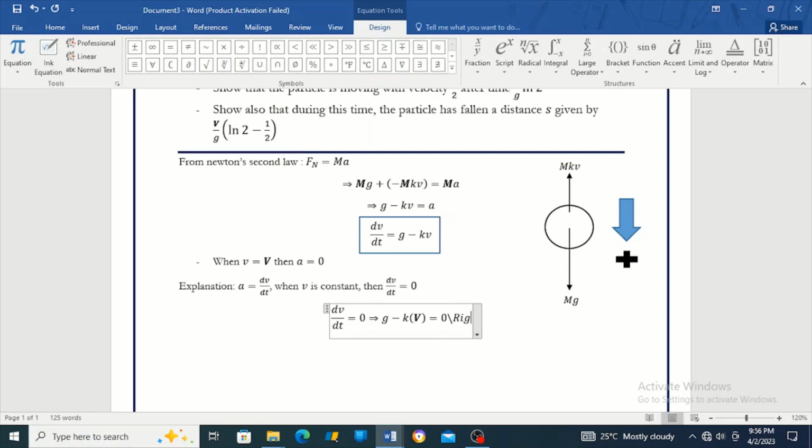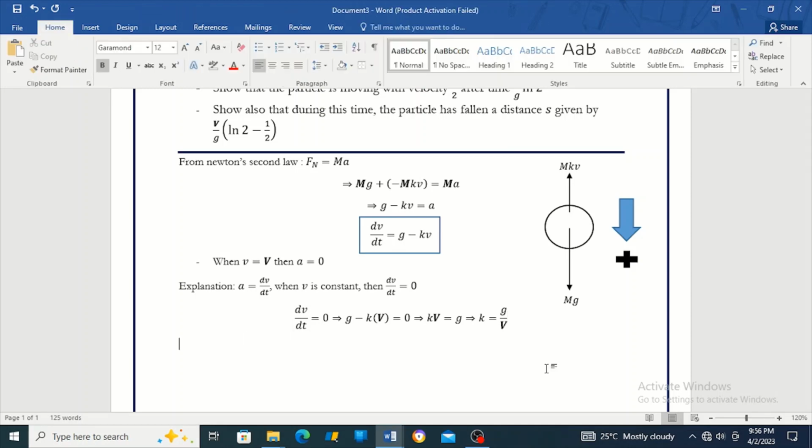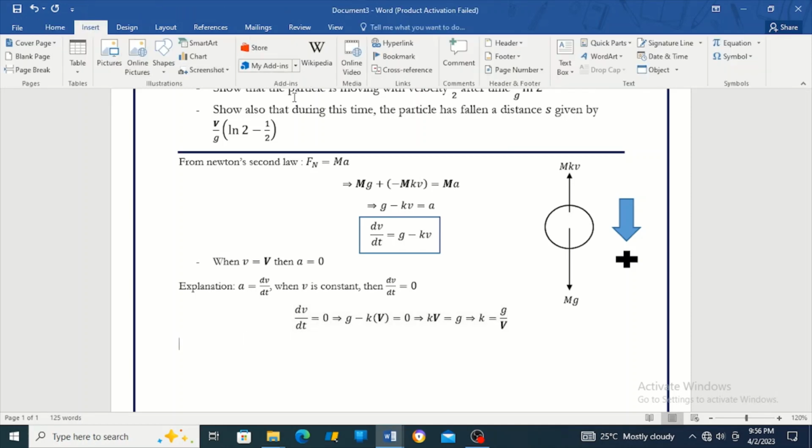So we can have k times capital V equal to g, this is small k, and then what can we conclude? We can conclude that k is equal to g divided by capital V. We have proven that. Let me highlight it by putting it in a box so we know that we have proven that.